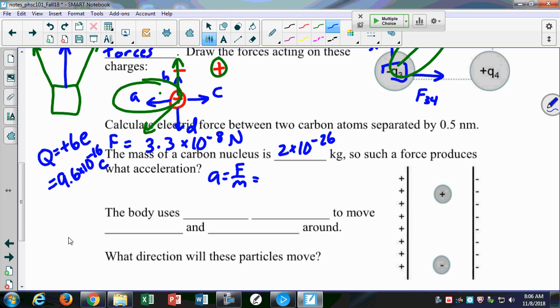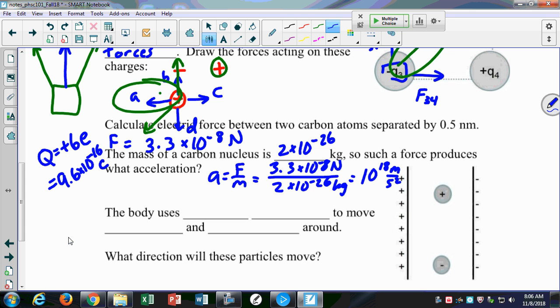It gives me an acceleration equal to 3.3 times 10 to the minus 8 newtons divided by the mass, 2 times 10 to the minus 26 kilograms, which is equal to 10 to the 18 meters per second squared. So these are tiny little forces on atomic scales, but they cause great accelerations just because everything's so small.